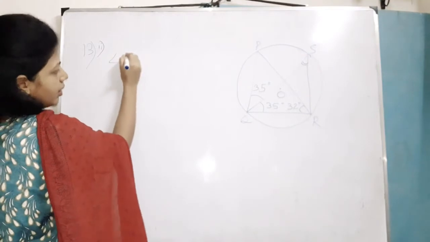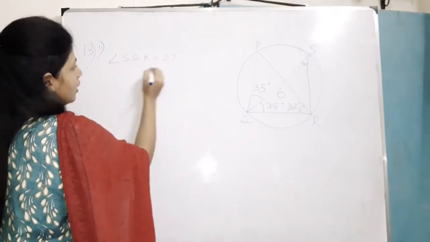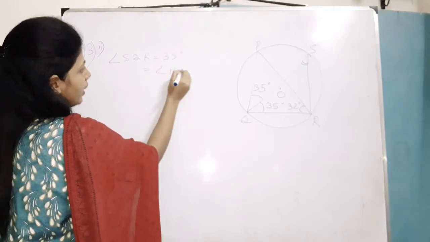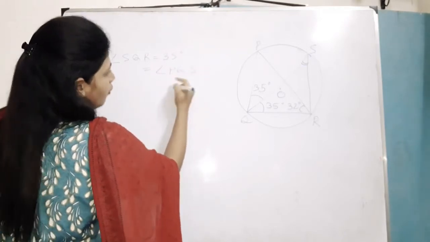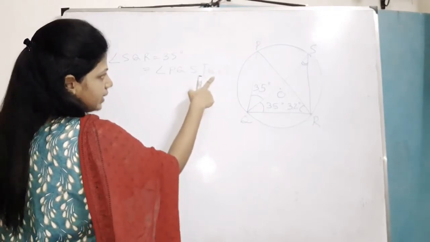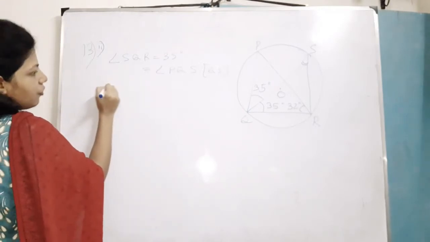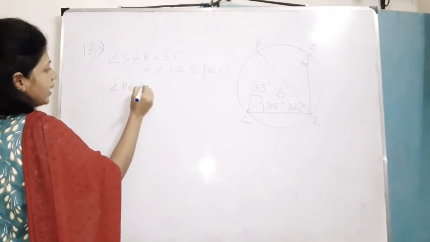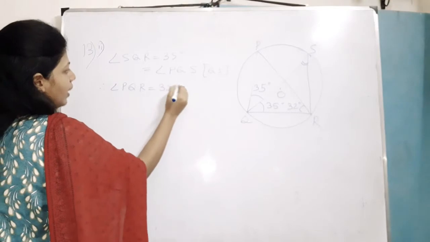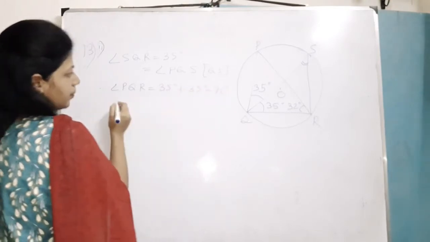So angle SQR equals 35 degrees equals angle PQS. You will write down here the reason: QS is the angle bisector of angle PQR. Therefore we can say that angle PQR equals 35 degrees plus 35 degrees, that means 70 degrees.